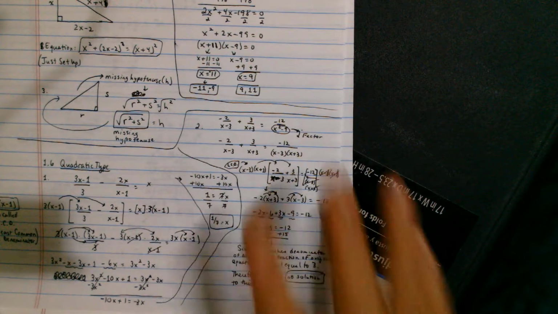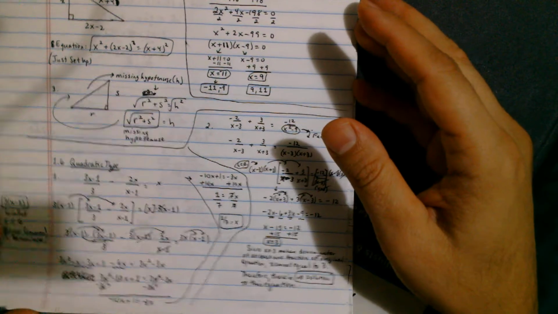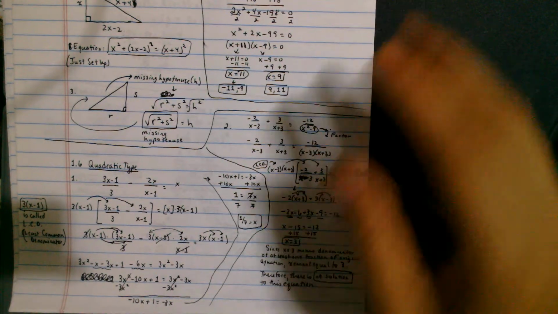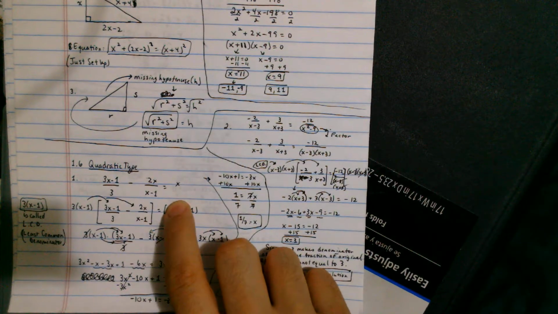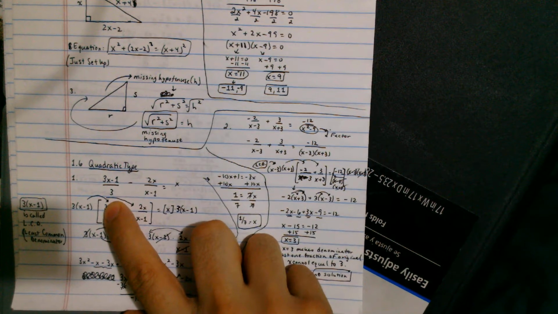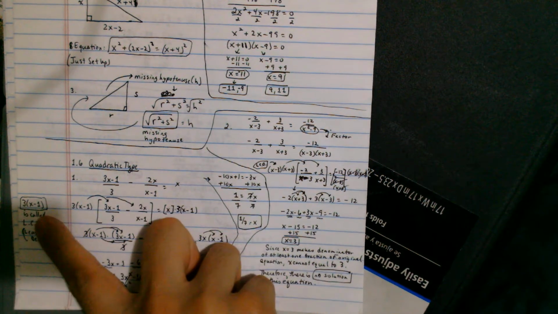And now quadratic type, there are two types. There are essentially fractions, and there are also square roots. So, as it is, if I take these fractions and I subtract them, you tend to take what's called a least common denominator. So they have a 3 on the bottom and x minus 1 on the bottom. So the least common denominator would be the product of those two things.